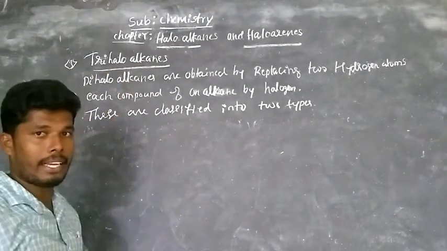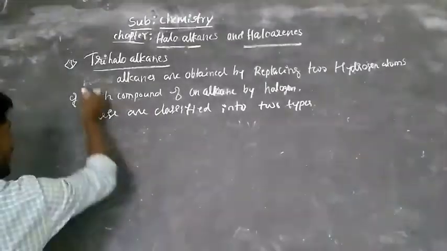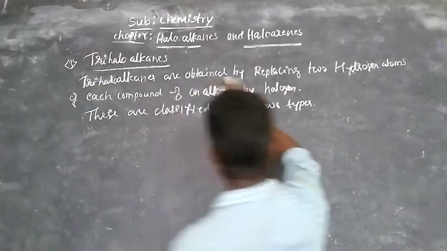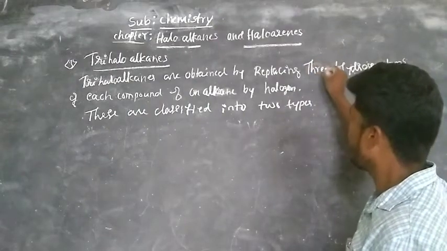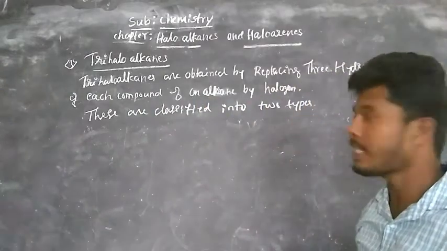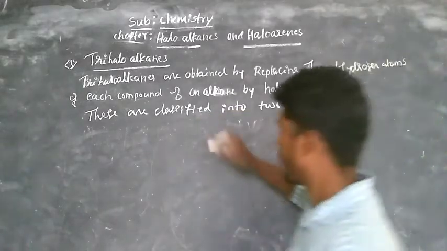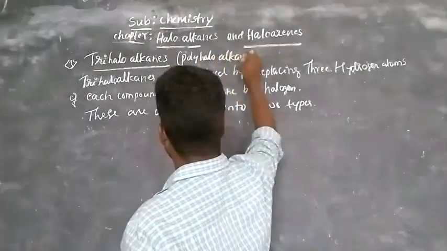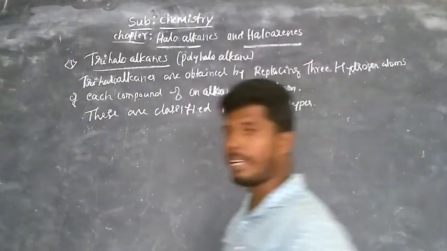Trihaloalkanes are obtained by replacing 3 hydrogen atoms of an alkane by halogens, same as dihalo and monohaloalkanes, and these are also called polyhaloalkanes. Trihaloalkanes are also called what? Polyhaloalkanes.